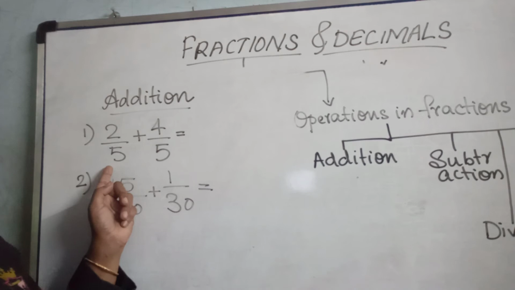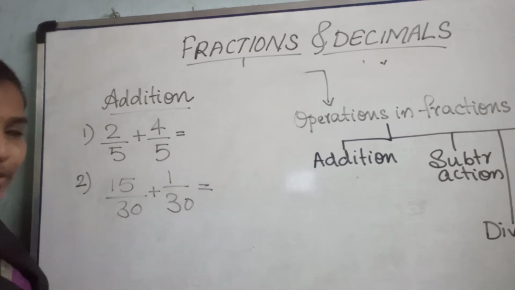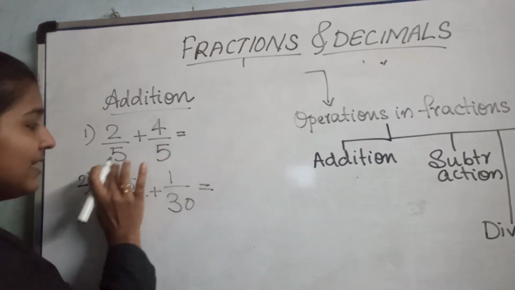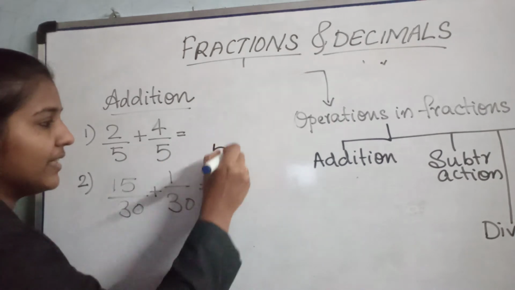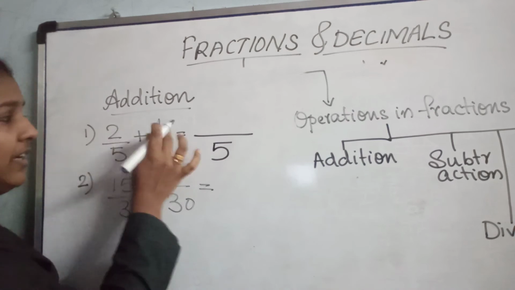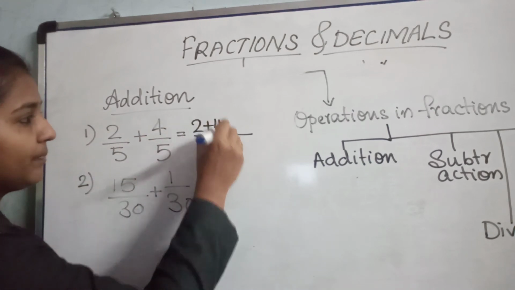So here it is the addition of like fractions. It's very simple to do. The addition of like fractions you can do like this: you have to write the same denominator in the answer, and then add the numerators together, that is 2 plus 4.